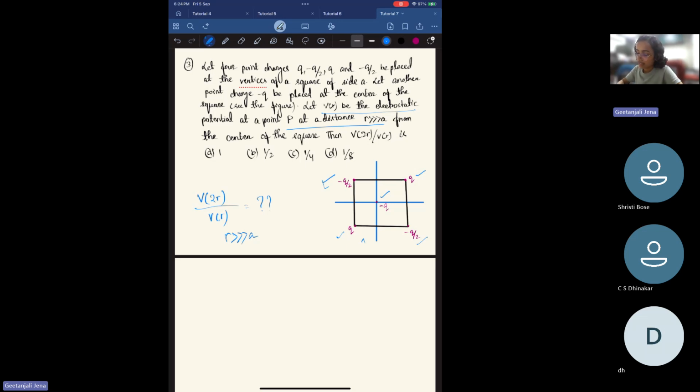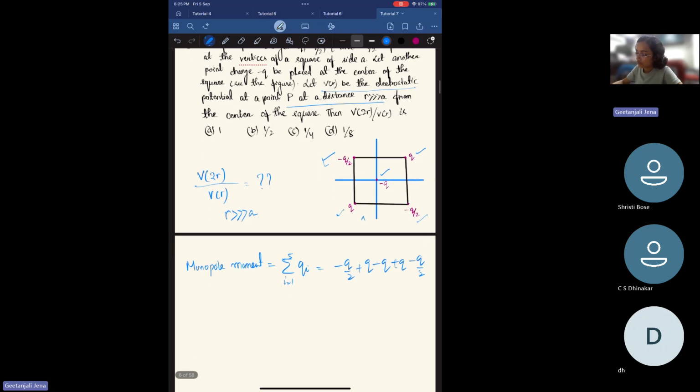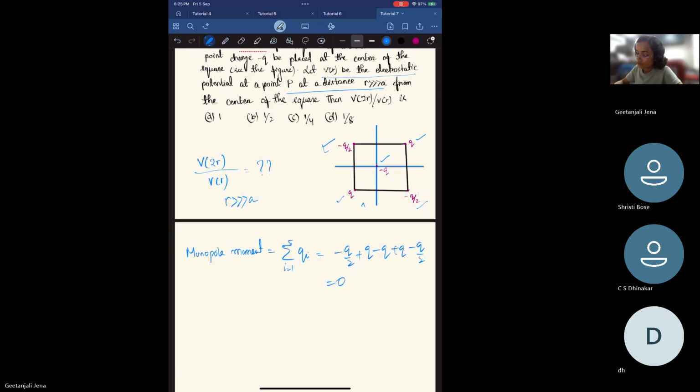So if you see the monopole moment, it's the summation of the total charge. There are a total of 5 charges. So minus q by 2, q, minus q, plus q, minus q by 2. So this is all zero. So that means monopole is not dominating.